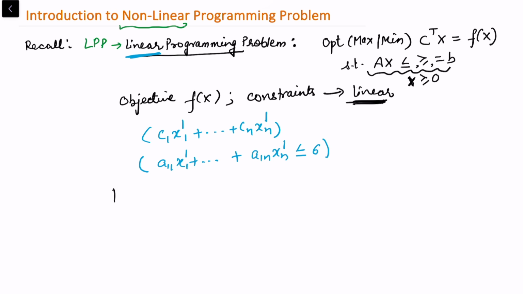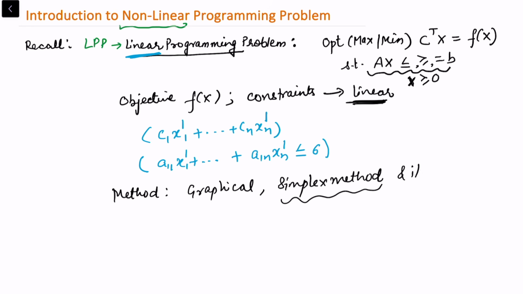And to solve this, we have done methods such as graphical, and then various simplex methods and their variants. When I say simplex method, I mean including big M, two-phase, and revised simplex method. So simplex method and its variants can solve the linear programming problem.